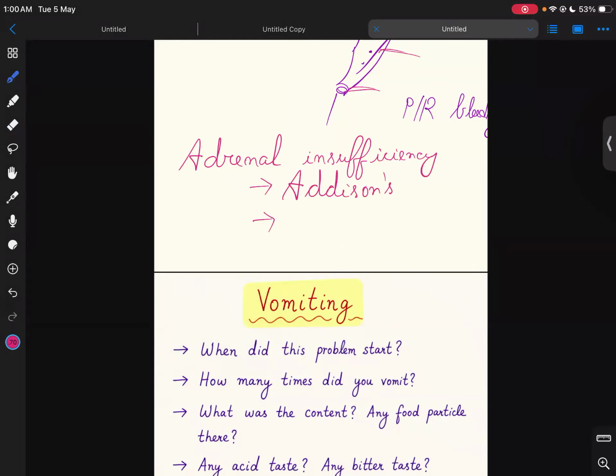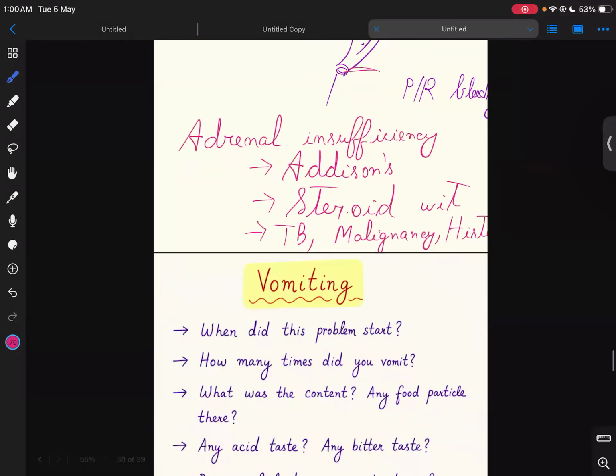It can happen due to sudden steroid withdrawal. Also, it can happen due to adrenal tuberculosis or metastasis of malignancy. It can also happen due to histoplasmosis. So these are the ways adrenal insufficiency can happen.